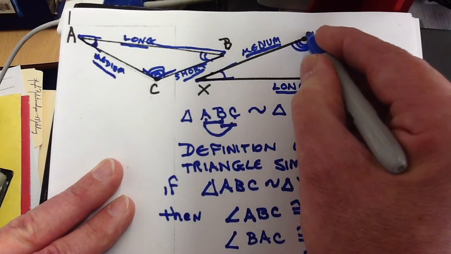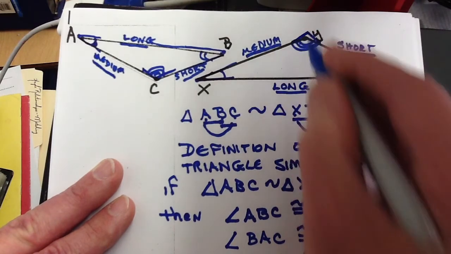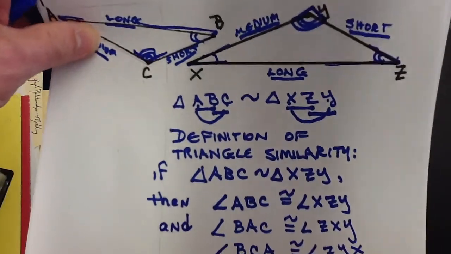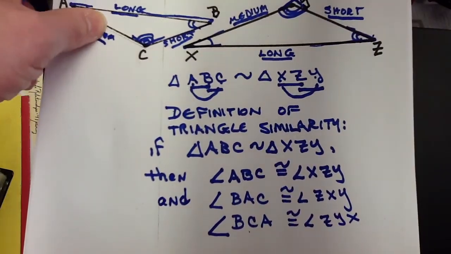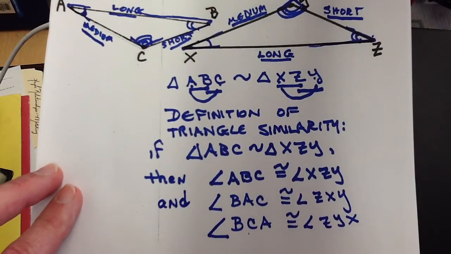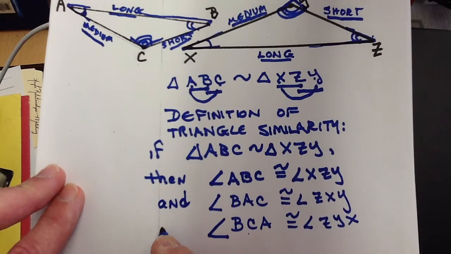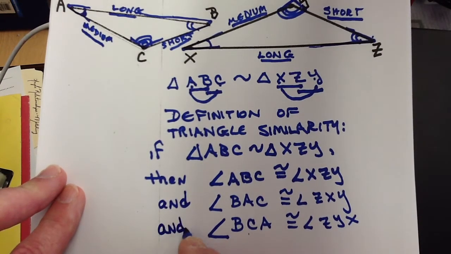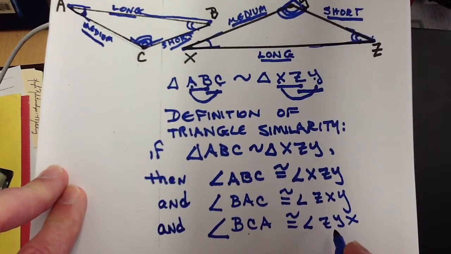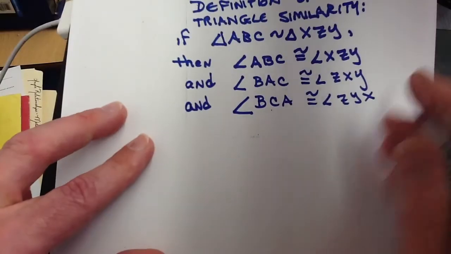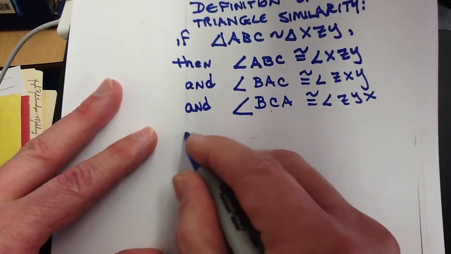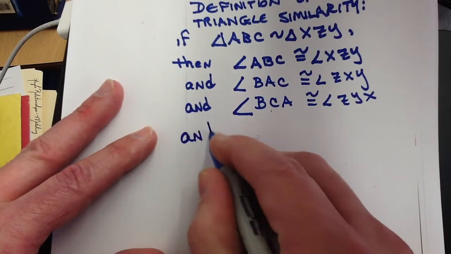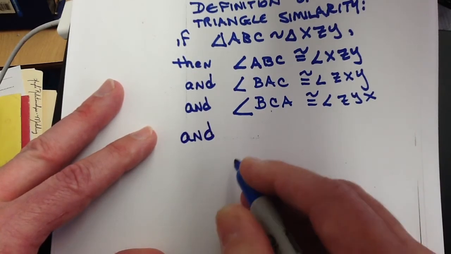All 3 of these things must be true, and there is another element to this. The definition of triangle similarity includes that these 3 angle pairs are congruent, and that the ratio of the corresponding sides are all of equal proportion.